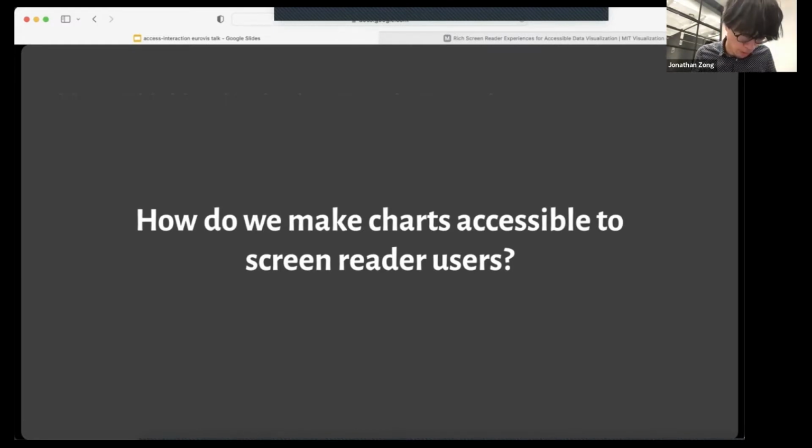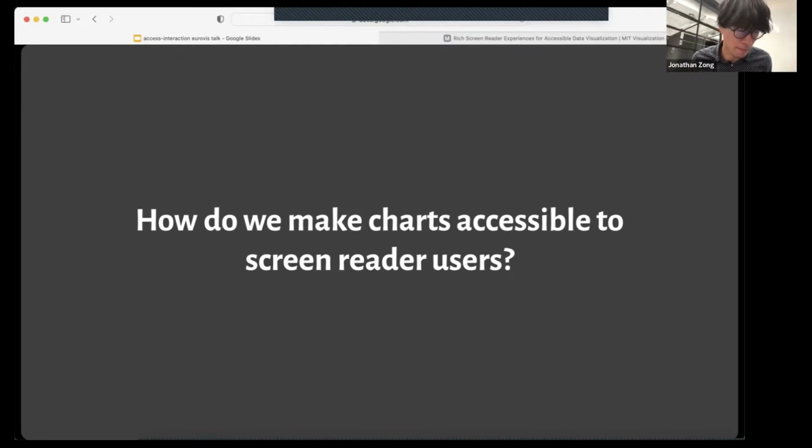Because so much information on the web is conveyed through charts, and a lot of this information is about stuff that can be pretty important to people, like election results or information about COVID-19, it's pretty important that we make sure that everyone can get access to this information, right?